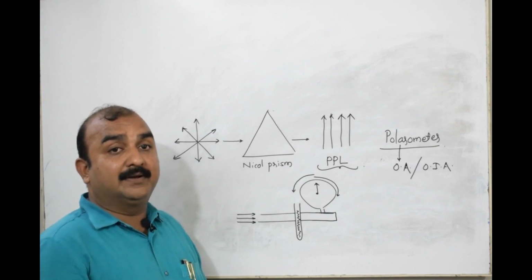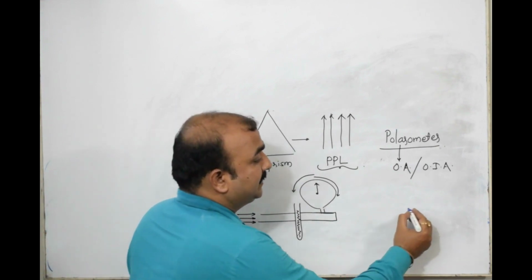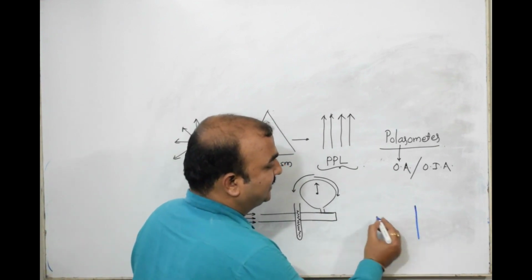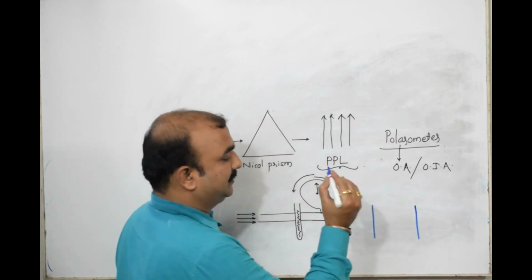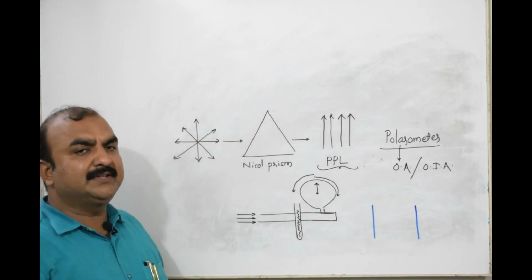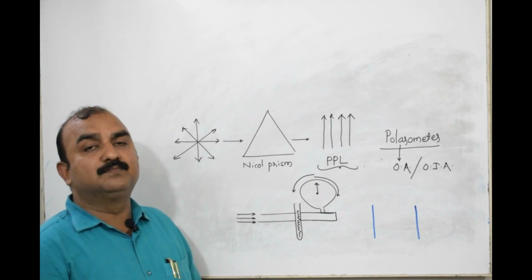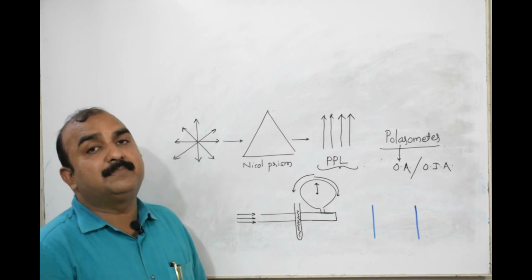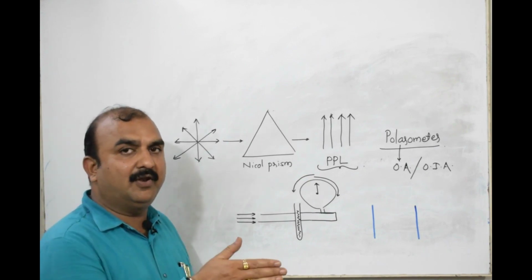What is going to happen? This is the plane of the polarized light. This is your compound. The line which I have written in blue is considered the compound. What is going to happen when light falls on the compound?